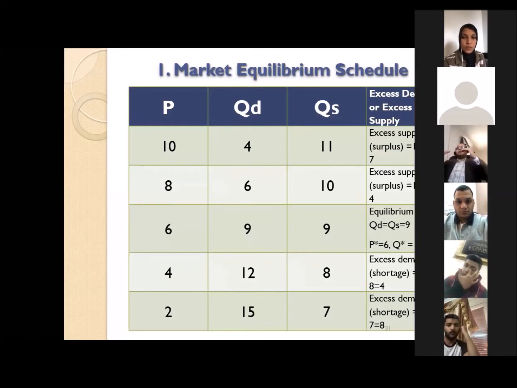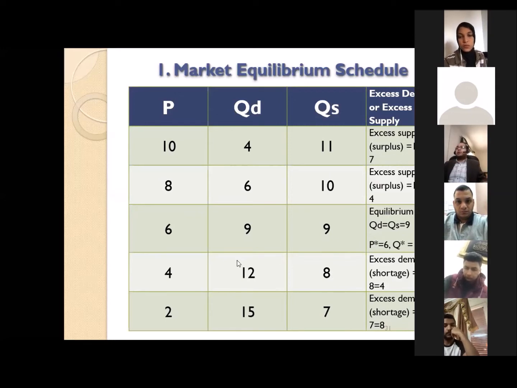So what will happen if we raise the price from 2 to 4? This is better for suppliers, but they believe that the price is still very low. So they just raise the quantity supplied from 7 to 8.